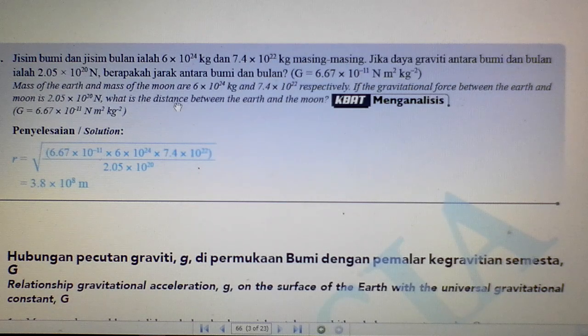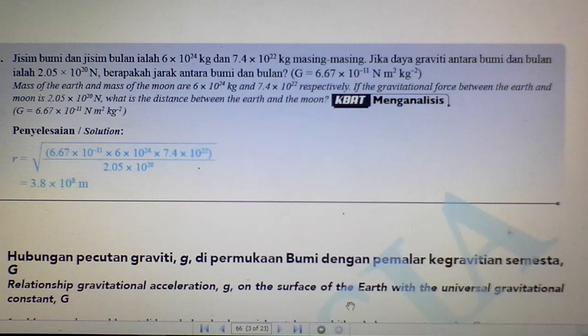First list down what m1, m2 and r are. This one needs you to find r, and F is given. So you rearrange the formula so that r becomes the subject, then substitute all the values. You get r equals 3.8 times 10 to the power 8 meters.